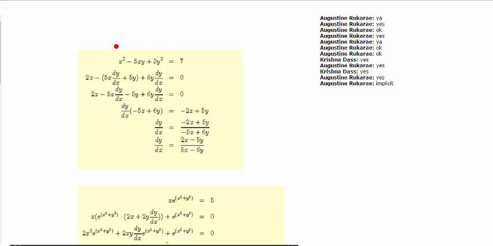Implicit, yes, because you can see that there is a y multiplied here and a y squared here, whereby it will be hard for us to make y the subject of the formula, right? And whenever we differentiate y, we have to multiply by dy over dx. That's what you need to keep in mind.